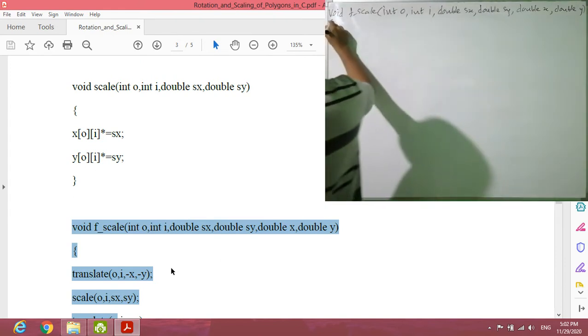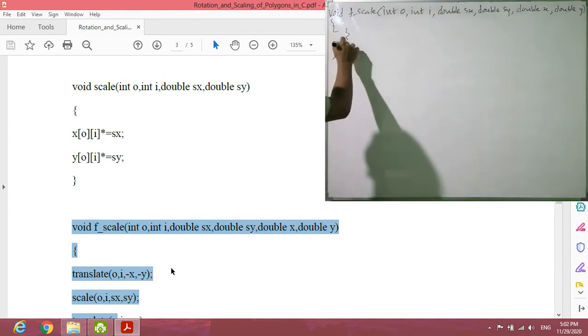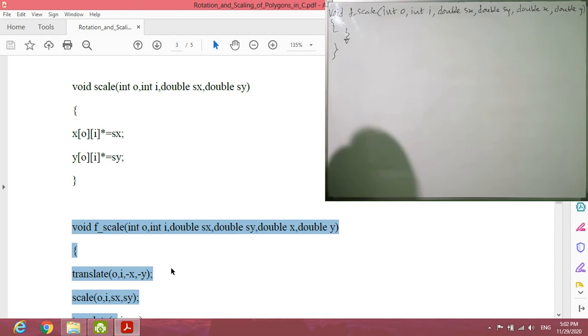This is where our body goes. This is our f scale function.